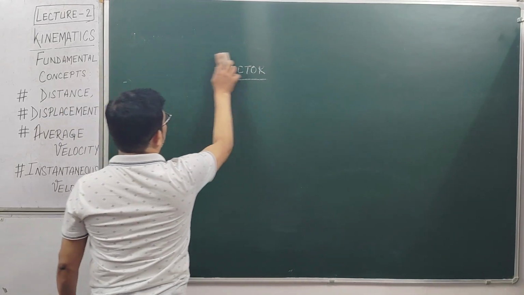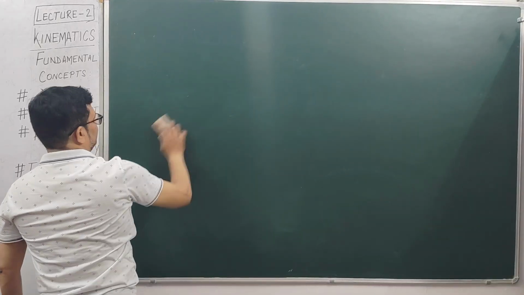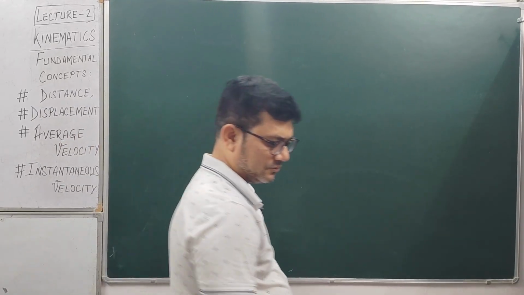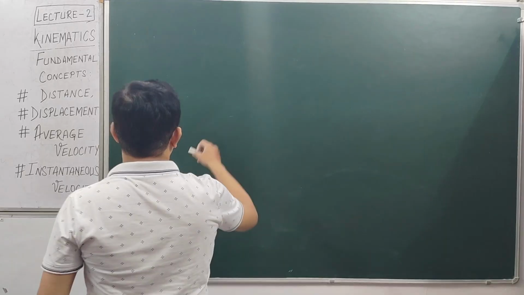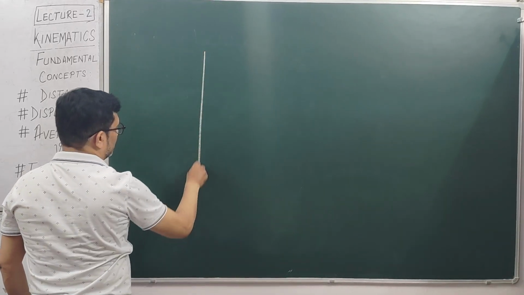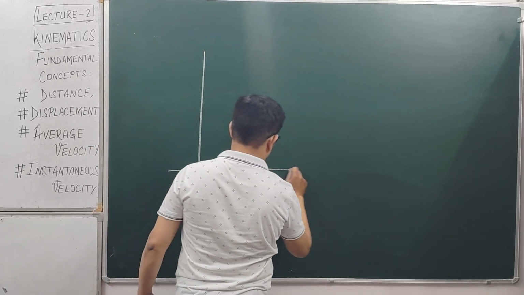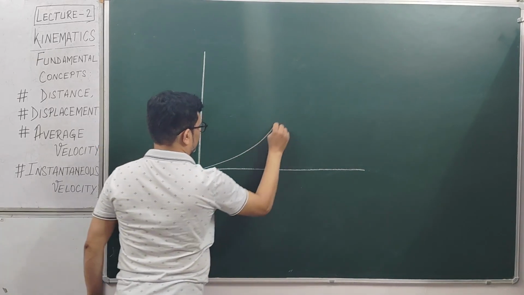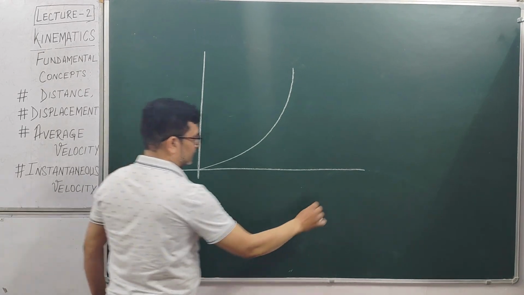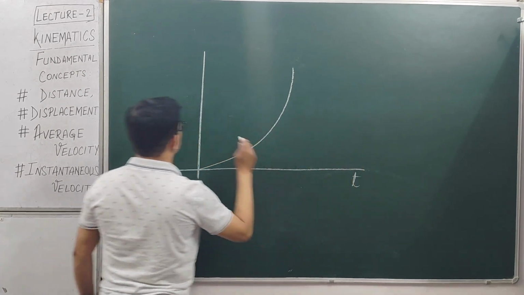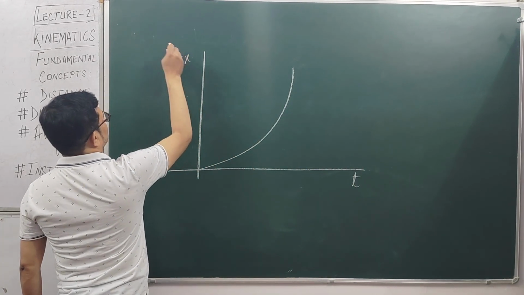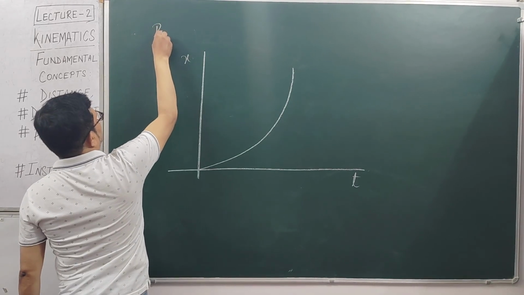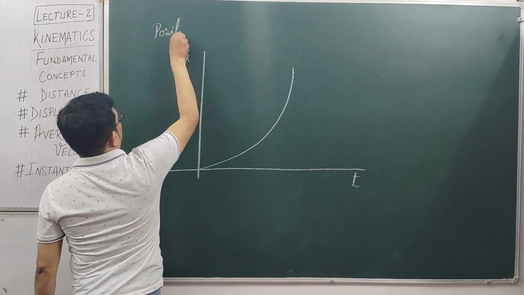So we'll understand from graph plotting what is the basic difference between these two quantities. Suppose I want to plot a graph, I would be getting this if you have time axis here and you have position. So this is a position-time graph.